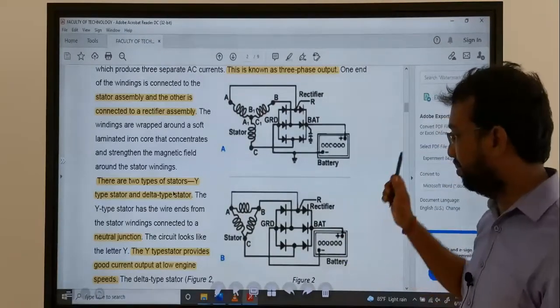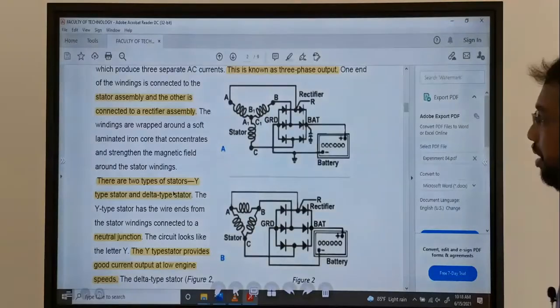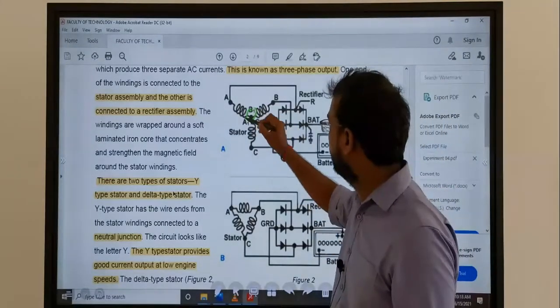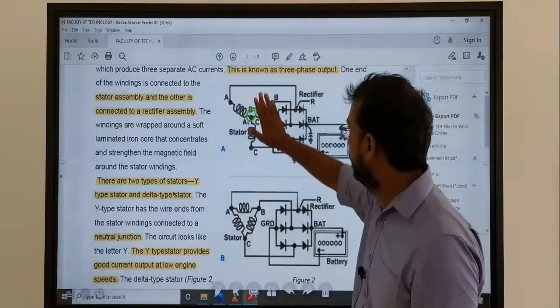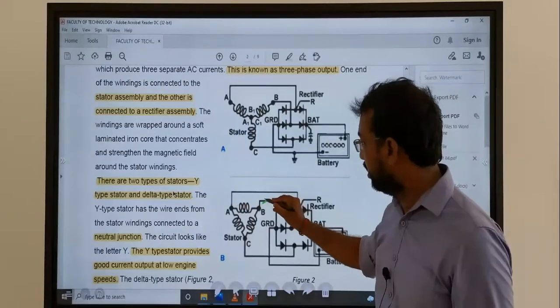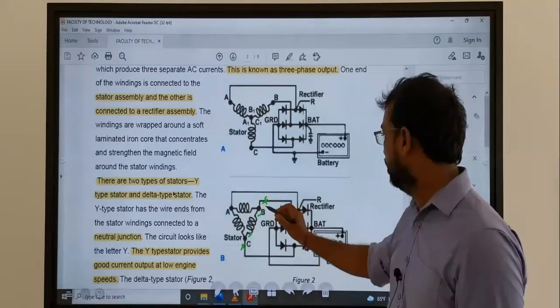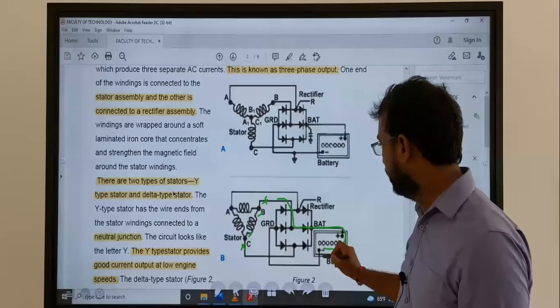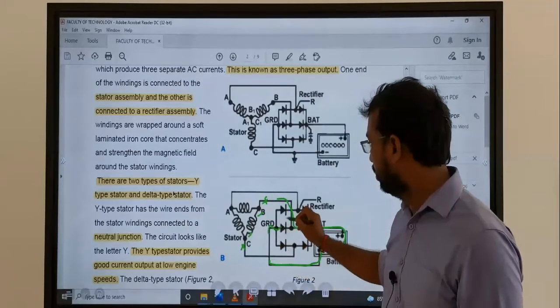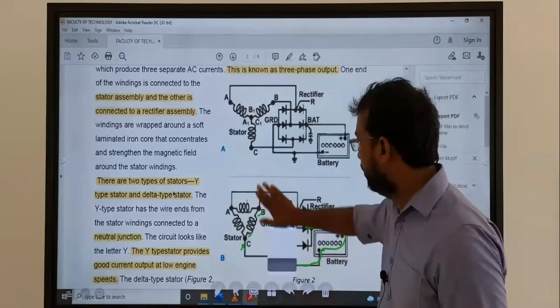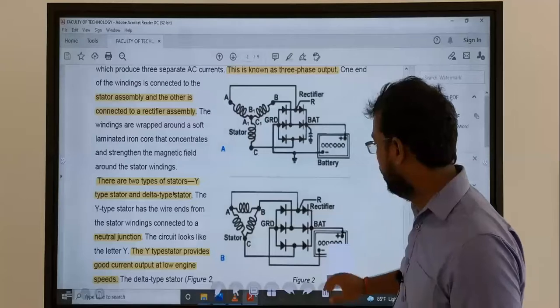Here only the arrangement is different, but here this is a neutral point. The plus and minus are the same, and the current also flows like this, from plus to minus. At the same time, there are two lines.